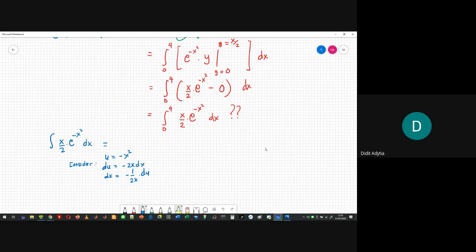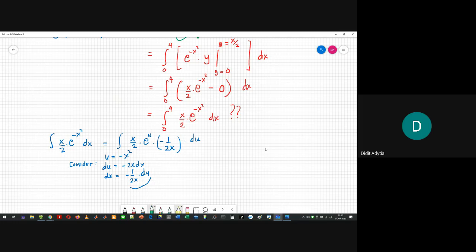Then I rewrite the integral as x over 2 e to the power of u, and dx I replace with minus 1 over 2x du.